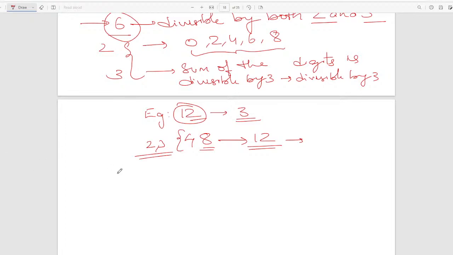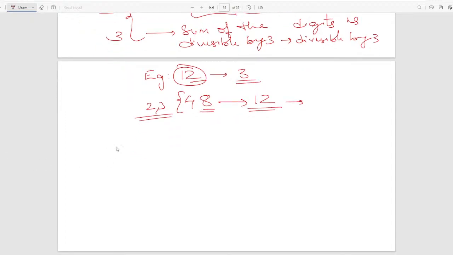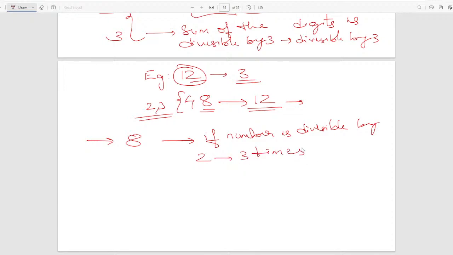Then the next common one they ask is divisibility by 8. If the number or integer is divisible by 2 three times, or if the last 3 digits are divisible by 8, then it is divisible by 8.